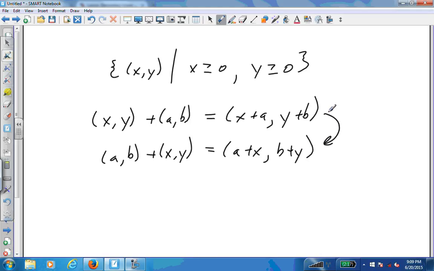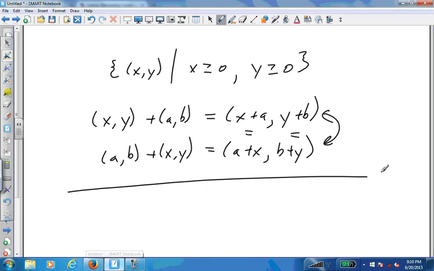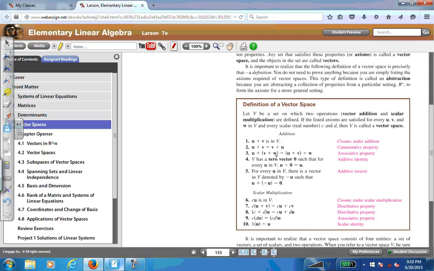These two things mean the same. In the real numbers, x plus a and a plus x are equivalent. y plus b and b plus y are the same. So if this is not a vector space, we need to think which one of these is going to give us a problem.